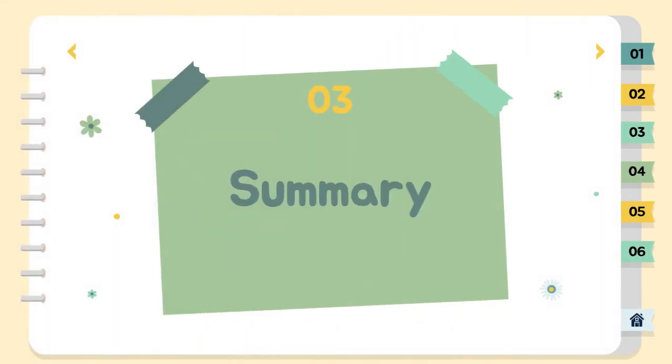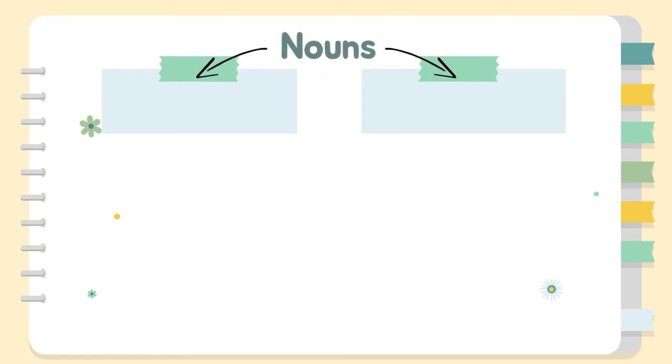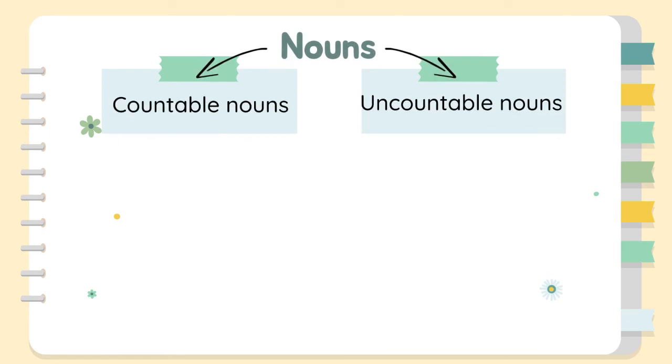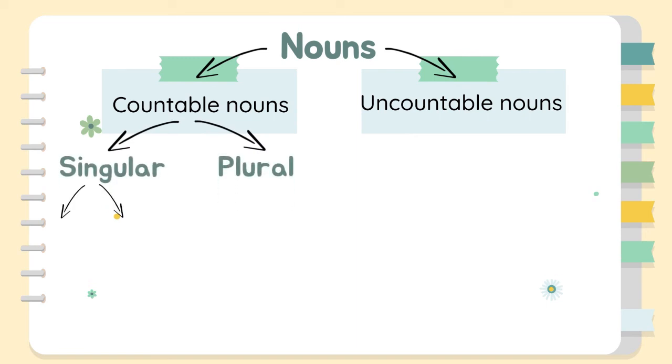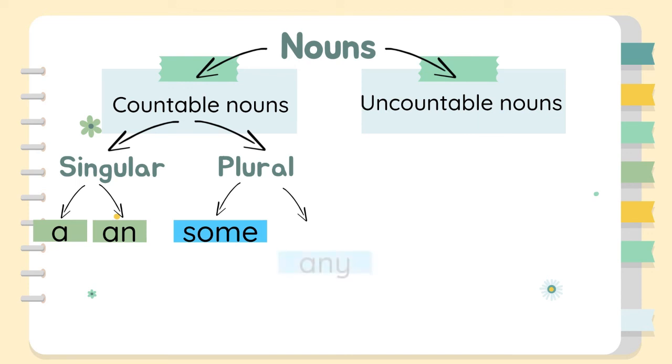Now, for summary, you need to remember that in nouns, there are countable nouns and uncountable nouns. For countable nouns, there are singular nouns and also plural nouns. If the noun is singular, we can use a or an, while if the noun is plural, we can use either some or any.